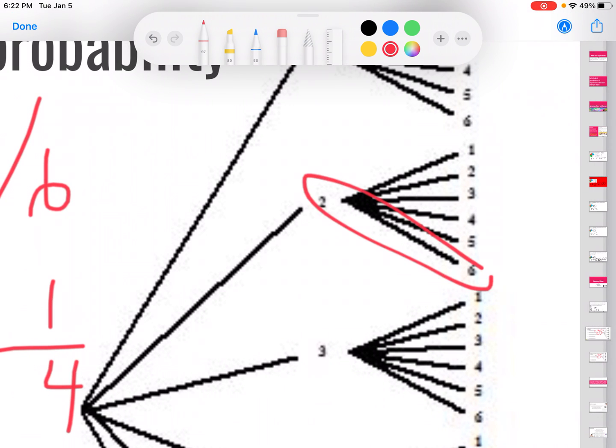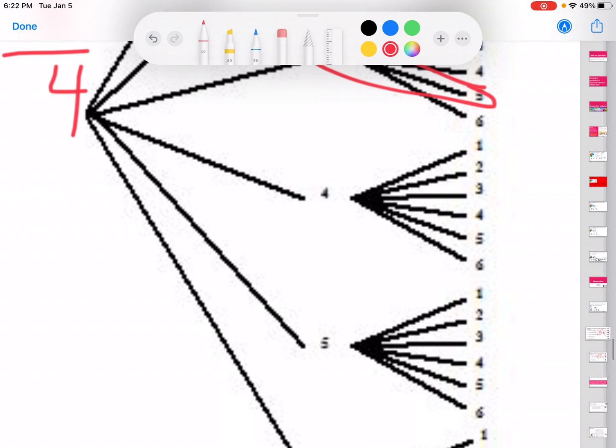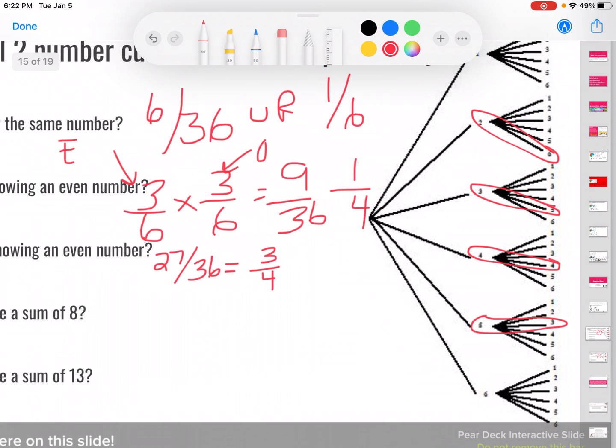But 6 and 2 add up to 8. 3 and 5 add up to 8. 4 and 4 add up to 8. 5 and 3 add up to 8. But 6 doesn't add up to 8. So that's 4 out of 36, or 1/9.